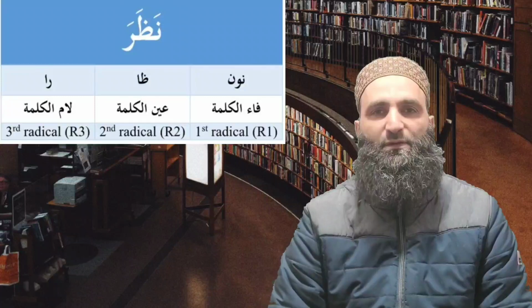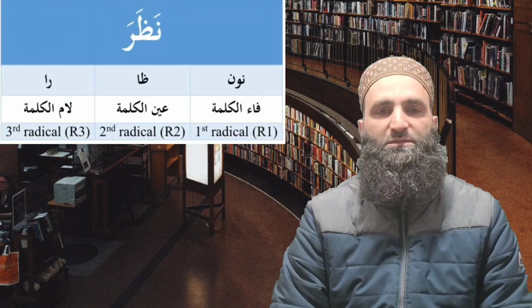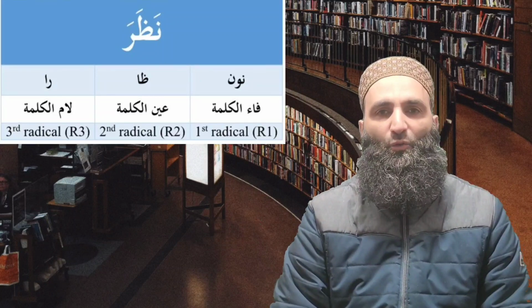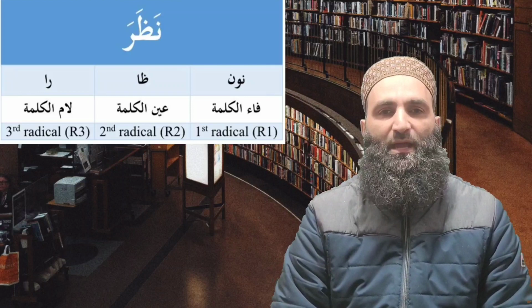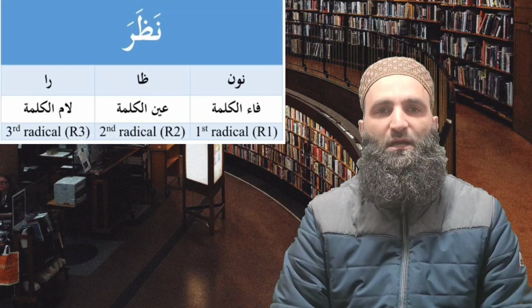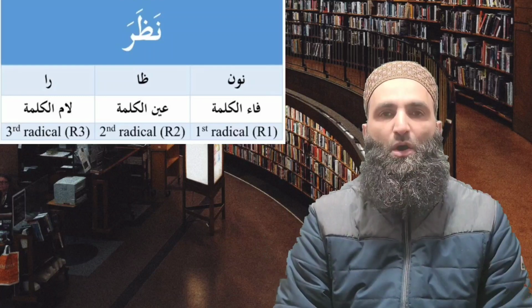In the same way, we can say about nazara, which is another verb. Noon is the fa'ul kalima, za is the ainul kalima, second radical, and ra is the lamul kalima, or third radical.